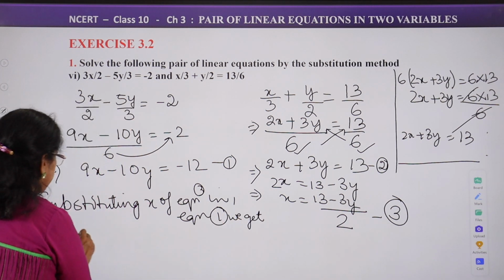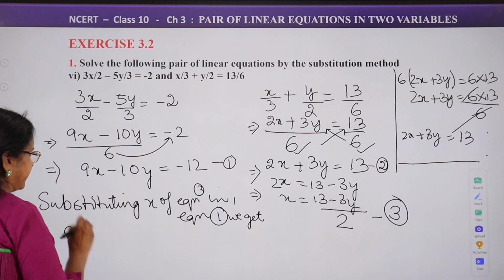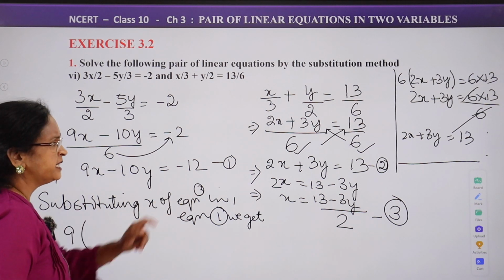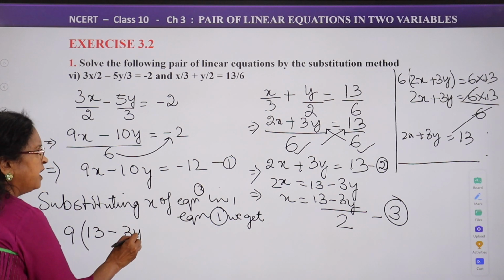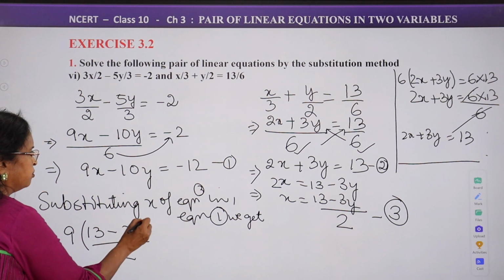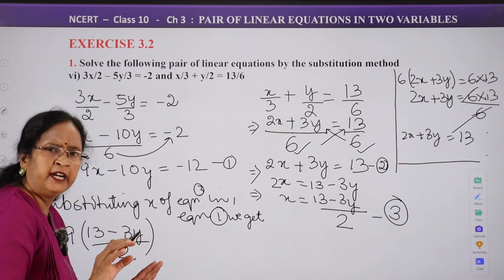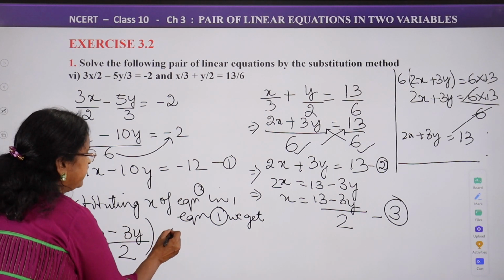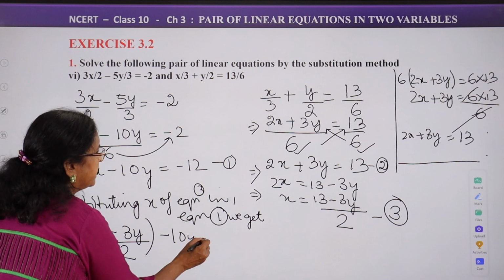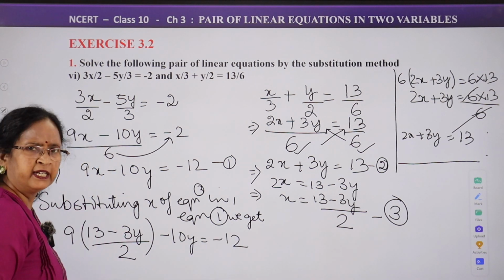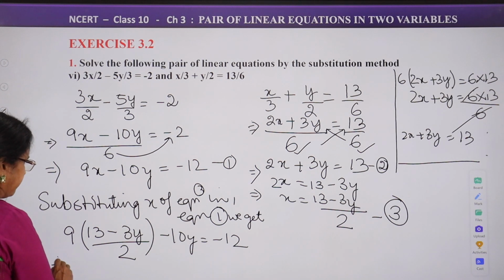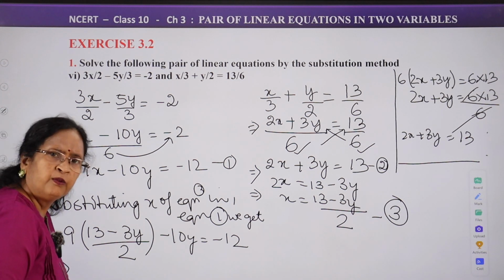Let us see, 9 bracket x, x is 13 minus 3y whole by 2. No cancellation as such. Minus 10y is equal to minus 12. Alright. When I multiply 9 inside, what do I get?